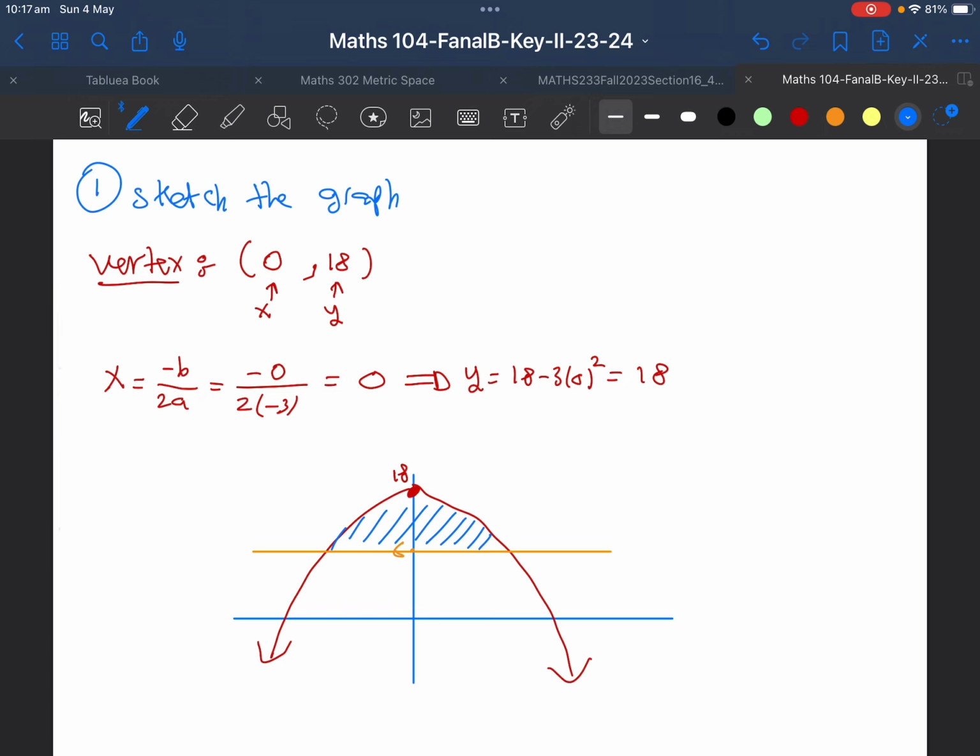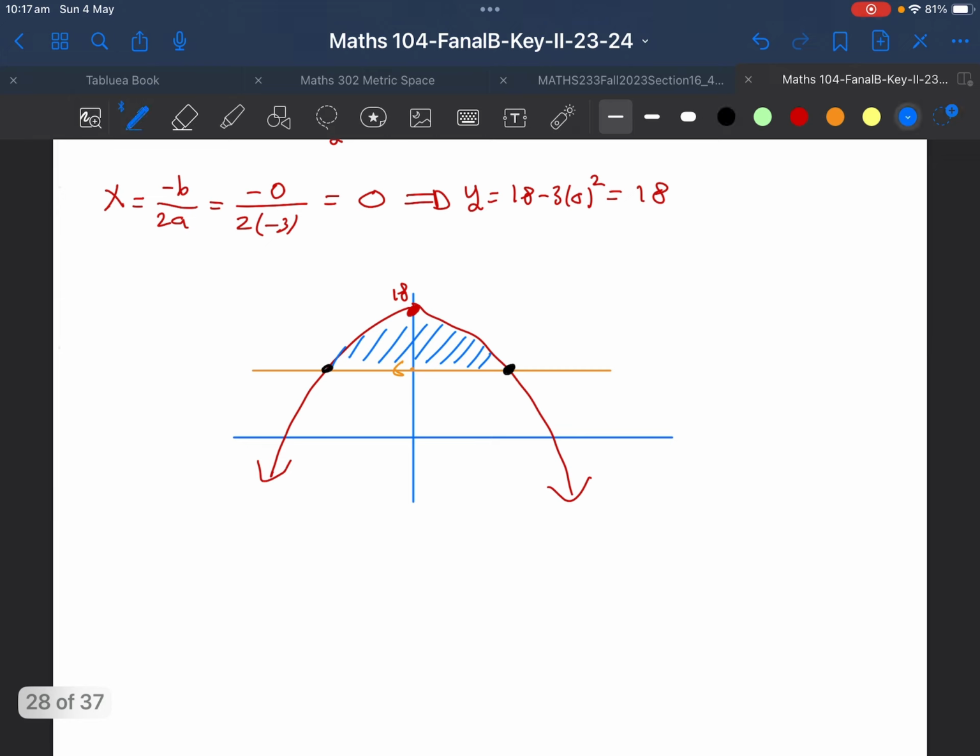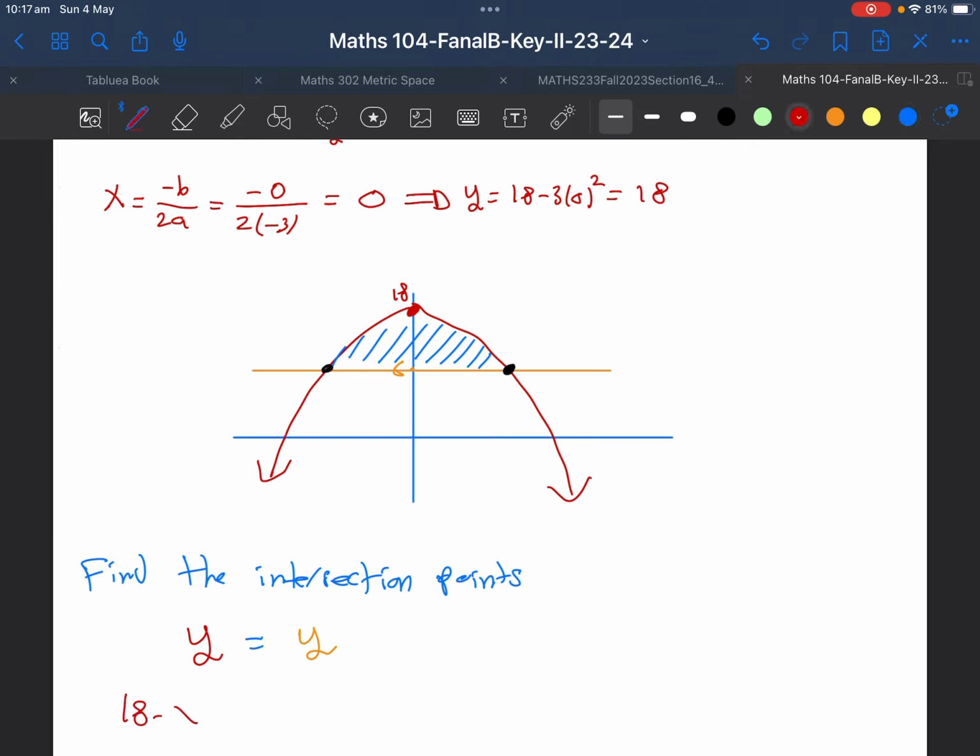I need to find 2 important points, which is this one. We call them the intersection points in order to continue. So the next step, find the intersection points. How do we find the intersection points? We take the y in red, we make it equal to the y in orange. The y in red is 18 minus 3x squared. The y in orange is just 6.